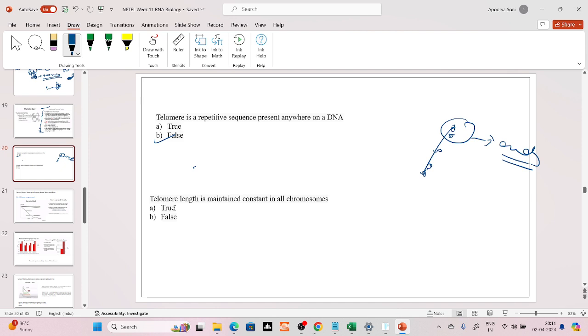Next question is, telomere length is maintained constant in all chromosomes. True or false? One minute and then I switch the screen.